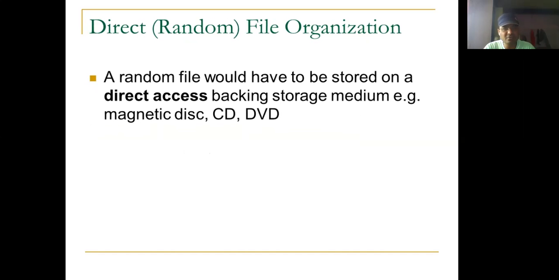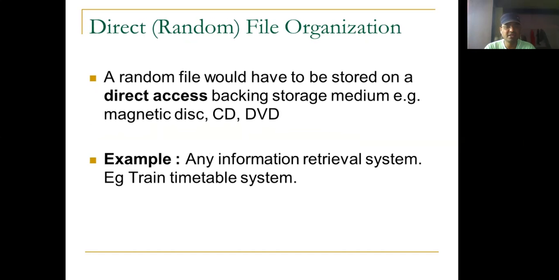A random file would have to be stored on a direct access backing storage medium like magnetic disk, CD, or DVDs.